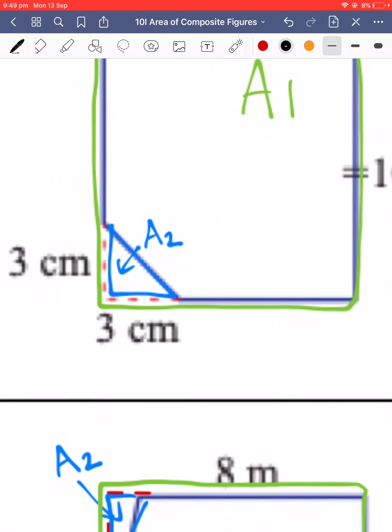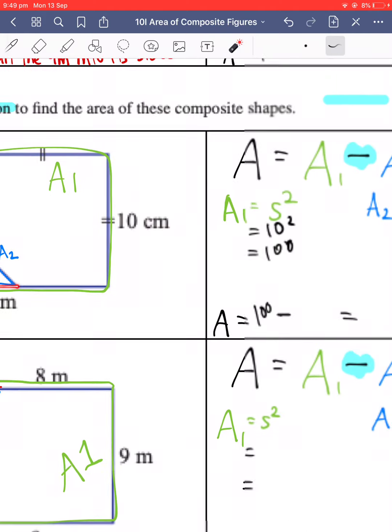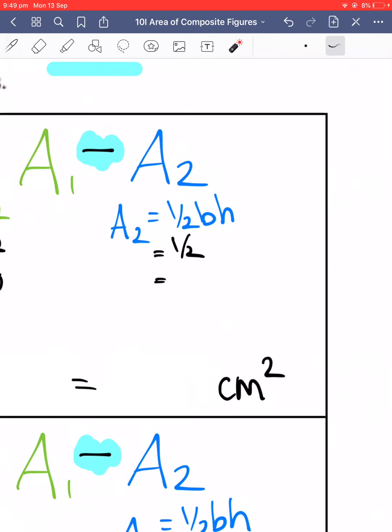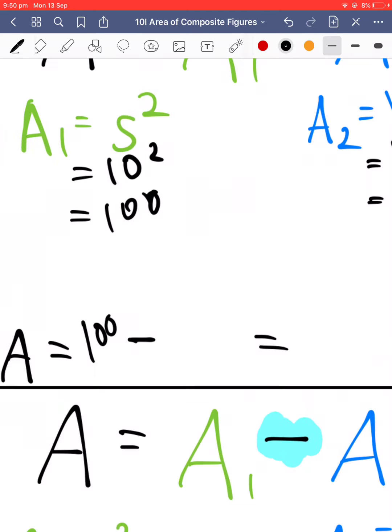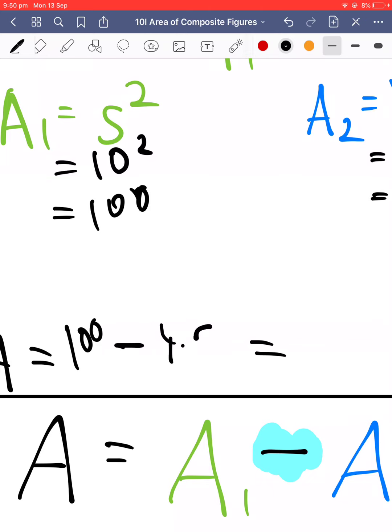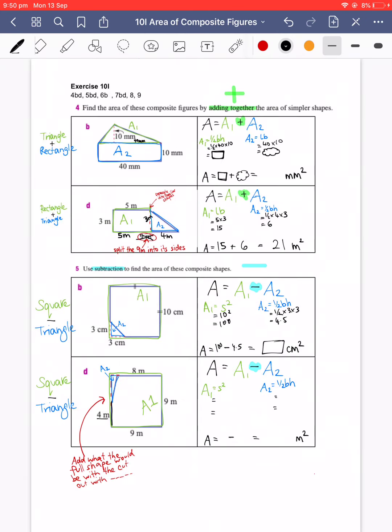So my triangle has a base of 3 and a height of 3. And in the next one, you'll see you're going to have to do this process yourself. So this gives me 4.5. So 100 minus 4.5. That will give me my answer, and that will be in centimeters squared.